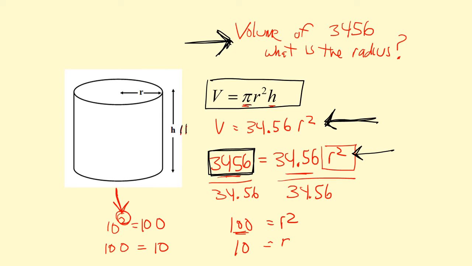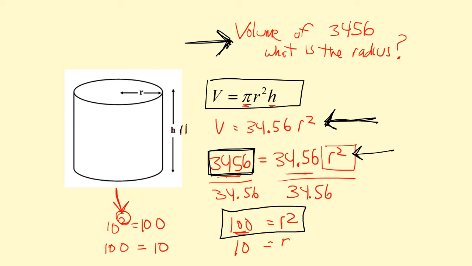And so what we did is we divided by 34.56, and then we ended up with this little equation down here. 100 equals r squared, and we had to figure out to determine what r is.